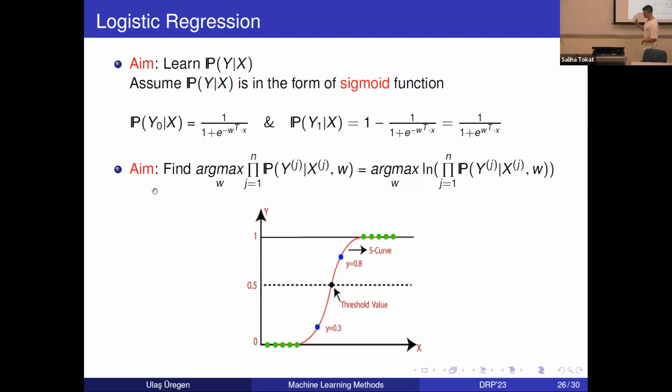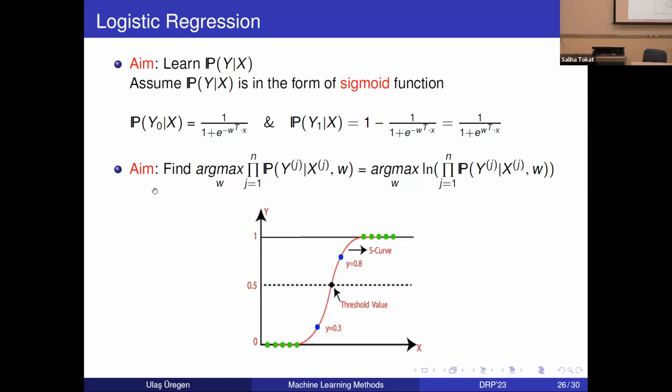Okay, our assumption is that the probability of being blue is in the form of a sigmoid function. The sigmoid function has the shape of an S. It looks like that. The probability of being blue is 1 over 1 plus e to the minus some projection, and the probability of being red is just 1 minus the probability of being blue.